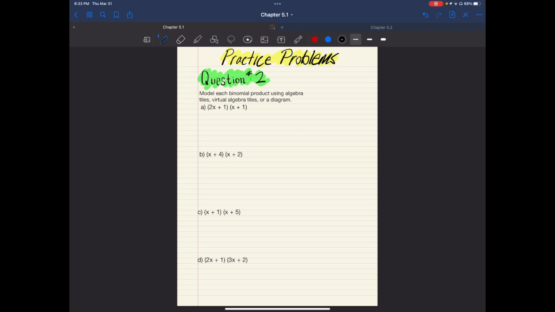We'll do x plus 1 along the vertical just because of the room here. It's going to be like this, and then along the top, we're going to have this.